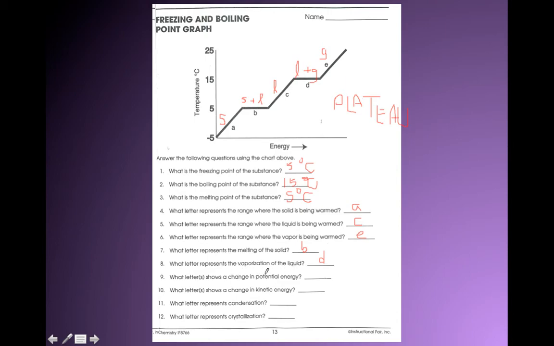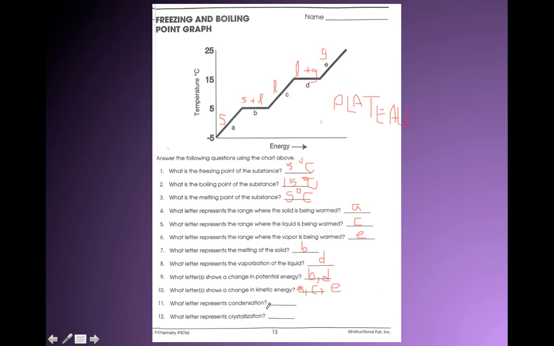So we want to see the change in potential energy. Well, that's going to be B and D. Since kinetic energy is not changing, potential energy is. Change in kinetic energy will be A, and C and E.